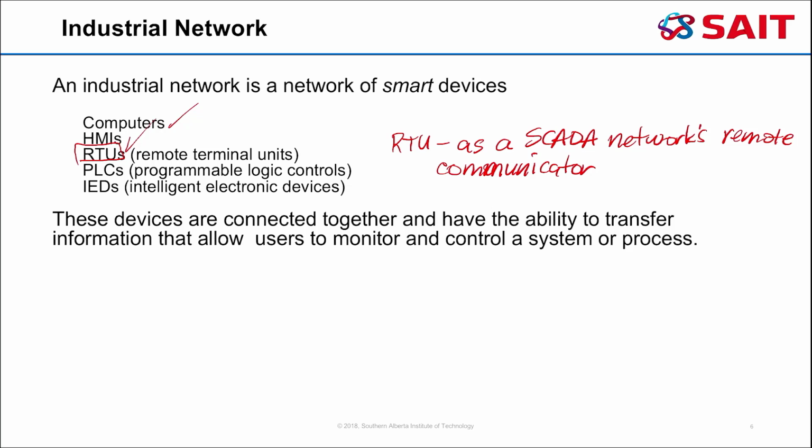Because remember, Scada networks are all wide area networks. So that's really the job of an RTU, and we'll certainly be talking about the role an RTU plays in more detail.